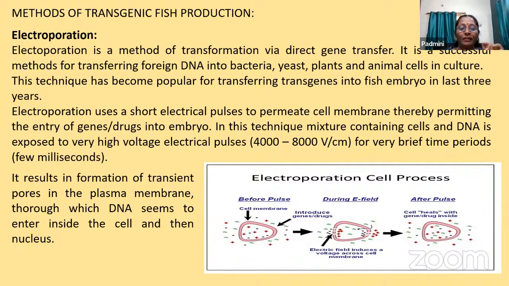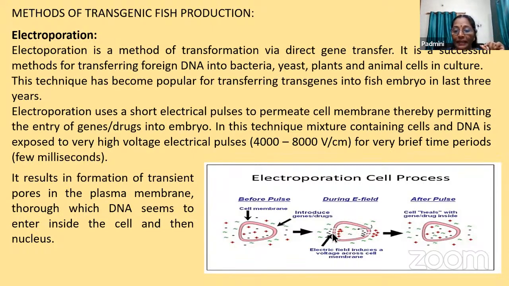When you're giving this electric current to these cells, it results in the formation of transient pores in the plasma membrane, through which the DNA seems to enter inside the cell and then the nucleus. You can see this in this particular picture. You have an egg, the oocyte, and the genes of your interest are present outside. You're going to introduce them outside the cells. Then you give a signal, and electric current is passed.